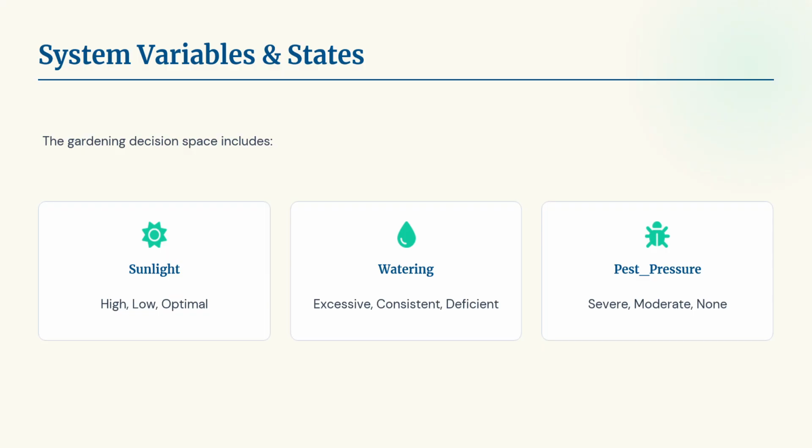Let's look at the specific decision-based model in this project. We have discrete states for our main variables: sunlight, that can be high, low, or optimal. Water can be excessive, consistent, or deficient, and the pest pressure can range from severe to moderate or none.